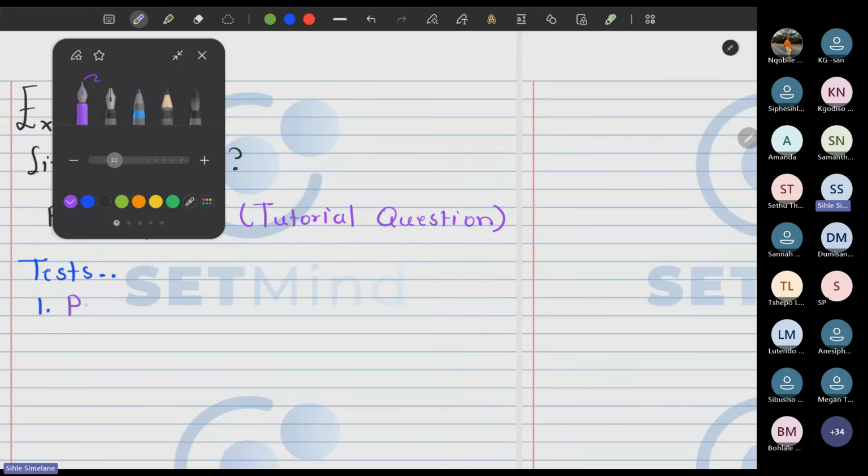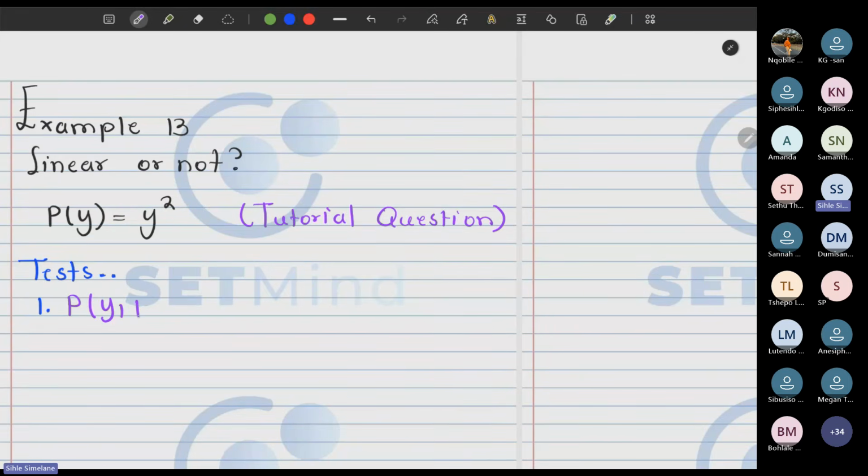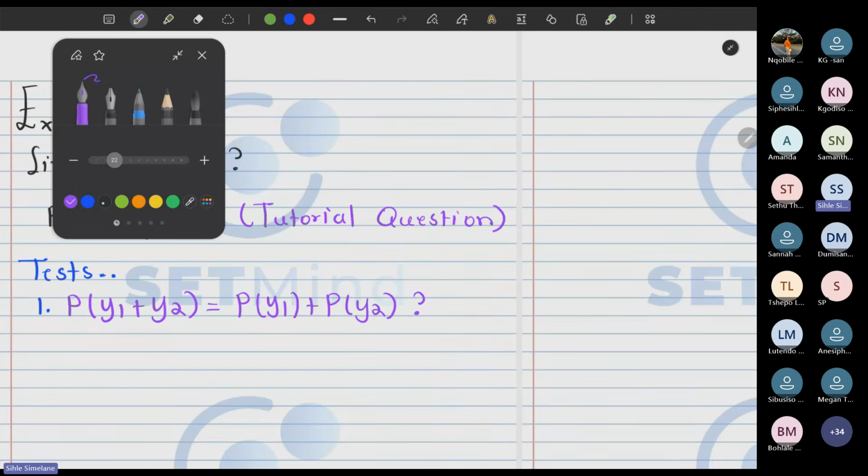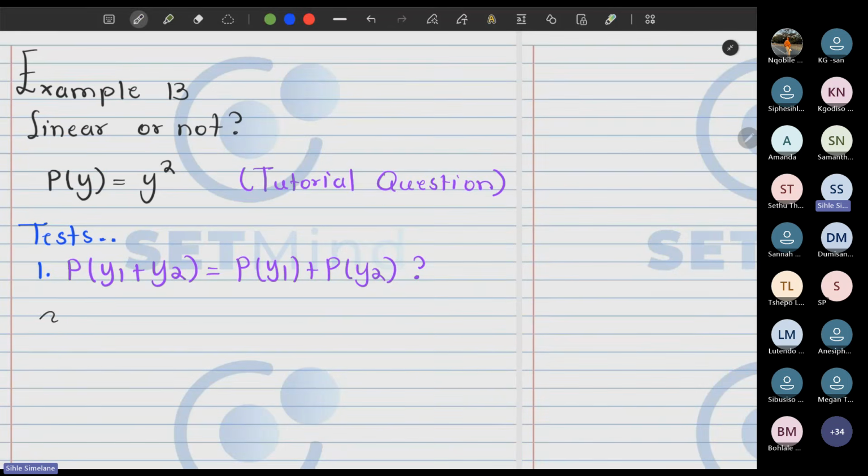The first test is that if I impose y1 plus y2, I should get the same thing as if I have P of y1 plus P of y2. Now let's use our operator, which is given.